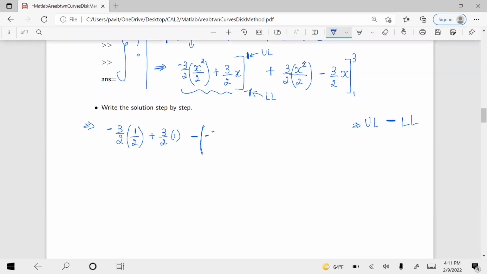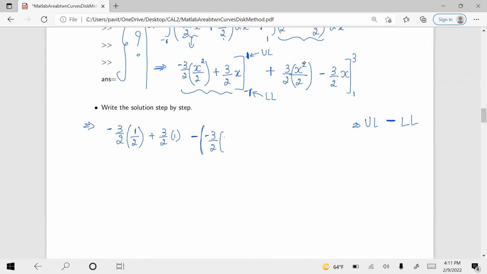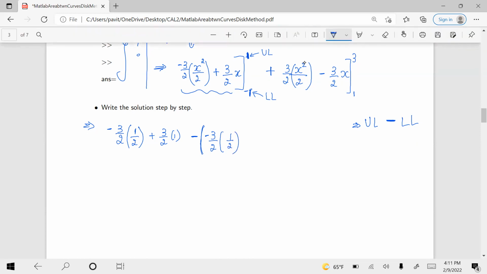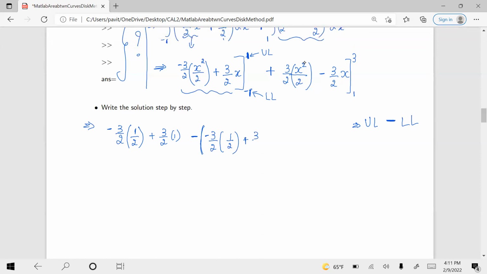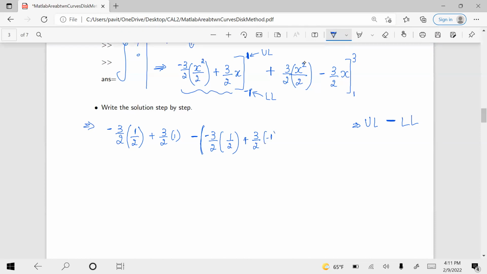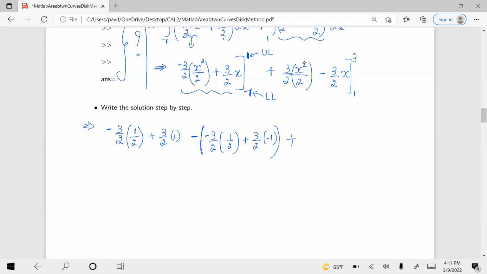This is negative 1, negative 3 by 2 multiplied with negative half. This is positive because negative 1 the whole square will give you positive, plus 3 by 2 into negative 1. Okay, and then you're going to close the parenthesis here. This is the first part. This is only for this. It is quite lengthy, but if you understand, it is easy to do.